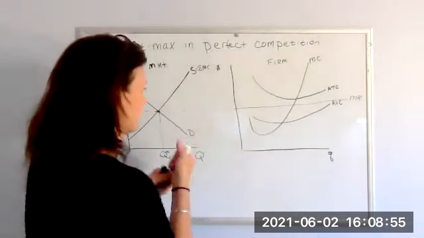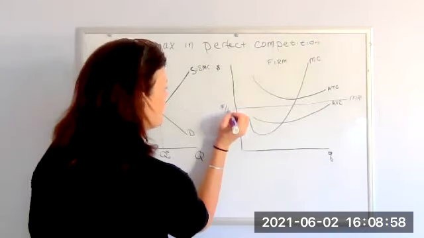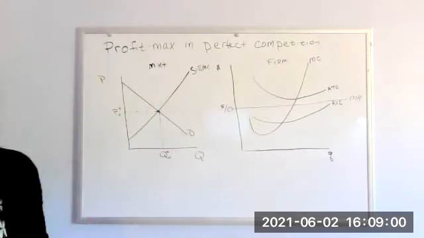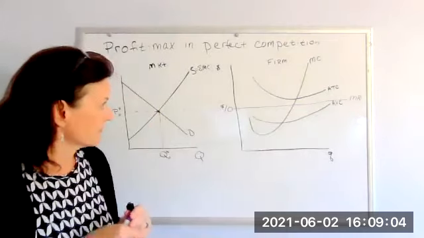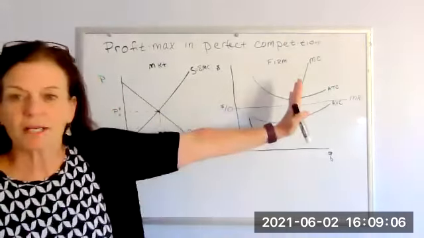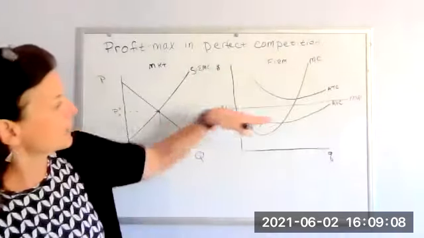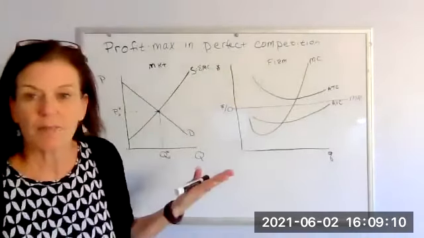Let's use a number because I know sometimes numbers are easier. So let's say the market price right now is $10. Demanders and suppliers interacting in the market have determined the market price is $10. So all the individual firms just look at that and say, at a price of $10, how much should I make?